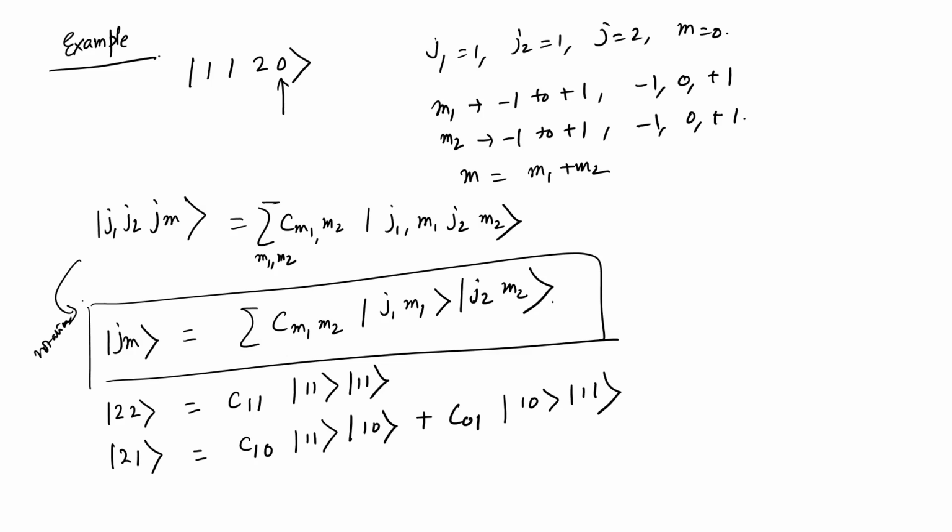If you just sit down and clear up in your mind what these indices are for a given value of m, what are the different combinations of m1 and m2 that we can find, you can simply write it down. We have shown 2 examples.